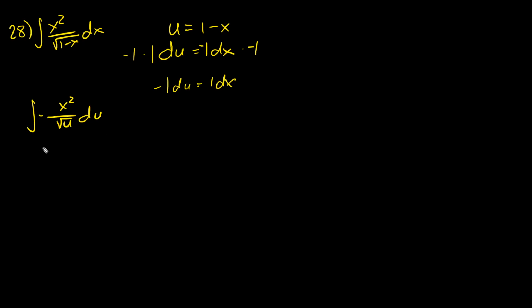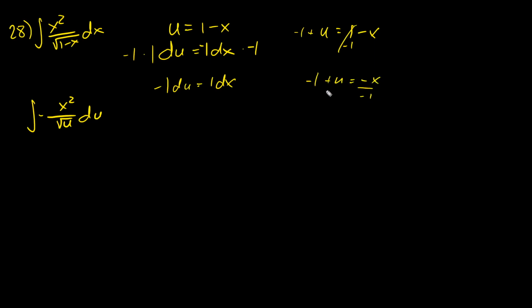So now notice x squared didn't go away. So here's what we're going to have to do. When you have a variable that doesn't go away, you're going to take your substitution, u is equal to 1 minus x, and we're going to solve for x. So I'm going to subtract 1 over, and get negative 1 plus u is equal to negative x.